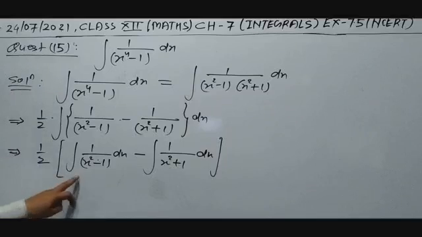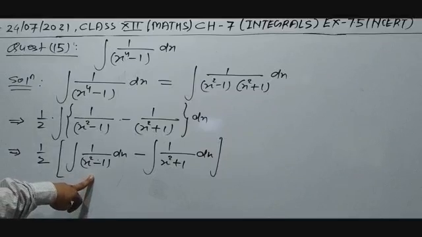Now you know its formula. 1 upon x square minus a square, result is 1 by 2a log of (x minus a) whole upon (x plus a).